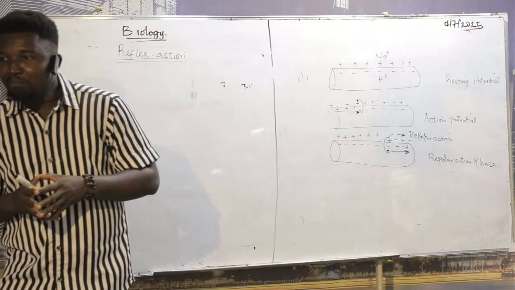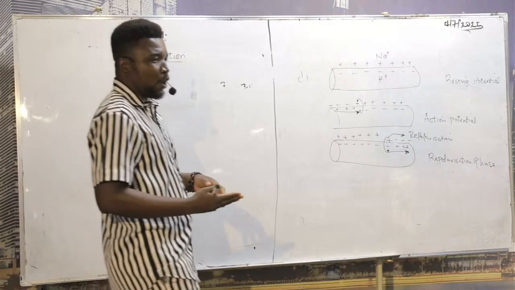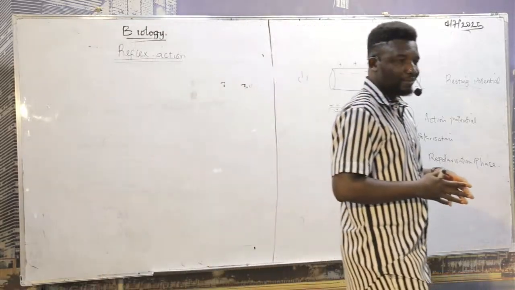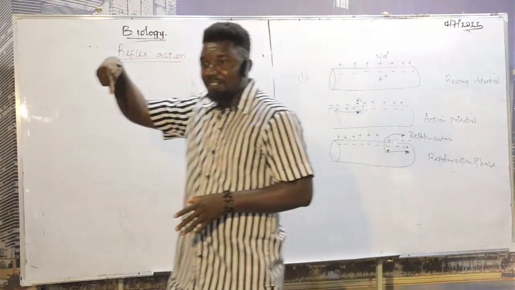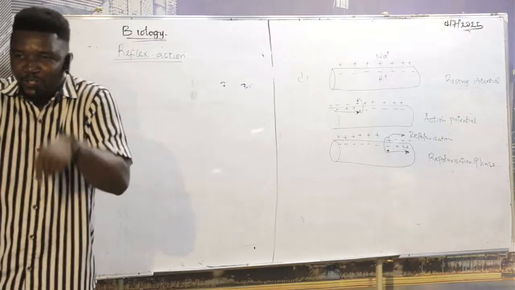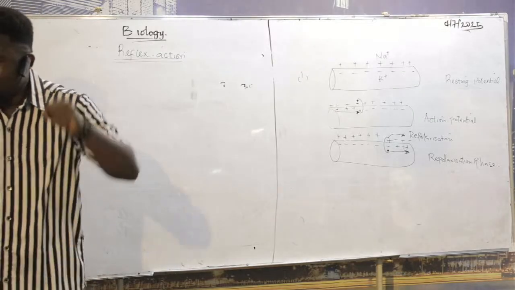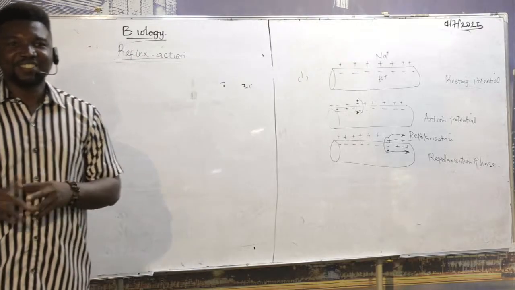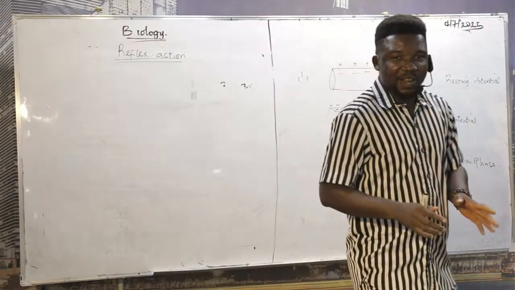Like for example now, if you jump from a fourth floor head first, you don't have any reflex action that can help you turn so that it will be your legs that land. You put your hand on the head. Do you understand what I'm saying now?